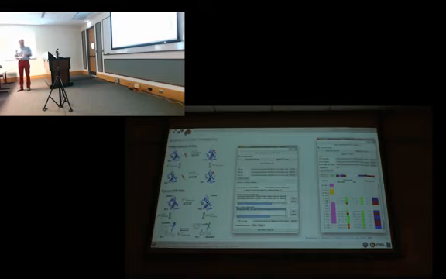So what we did is we built this plugin that is now part of VMD, and you can just enter your PSF and PDB file, and then you select the amino acids that you want to mutate, and it will prepare all the calculations. You just have to run them.